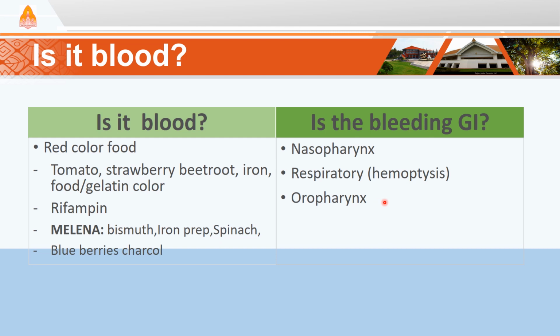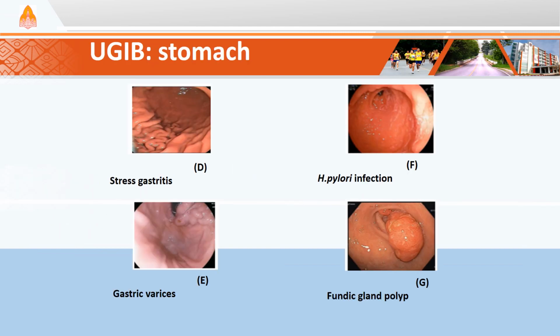Is there any contribution by the oropharynx in the form of interdental papillae or gum erosions or swollen gums? Is the blood coming from gastritis, H. pylori infections, gastric varices, and fundal polyp?